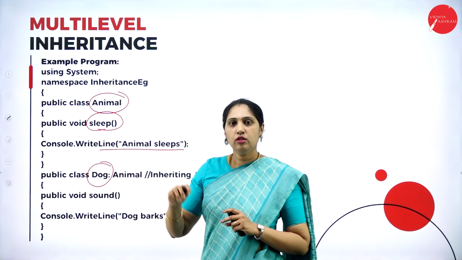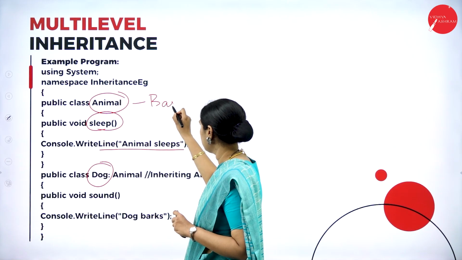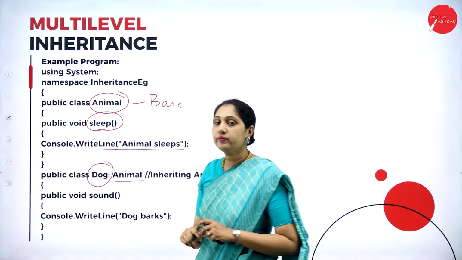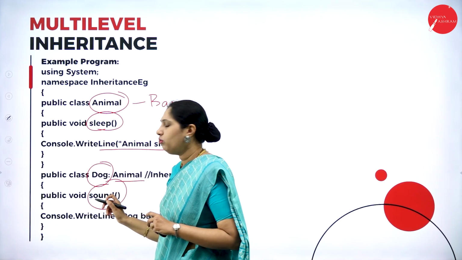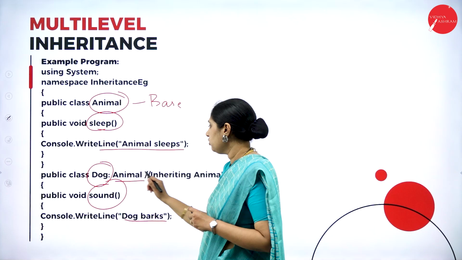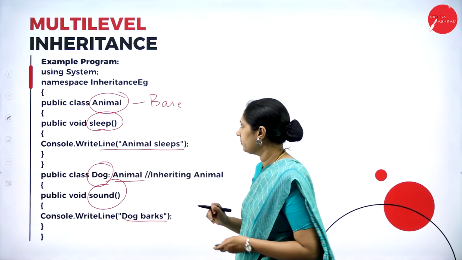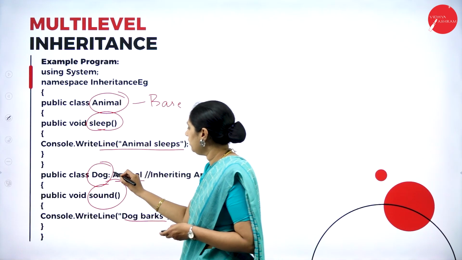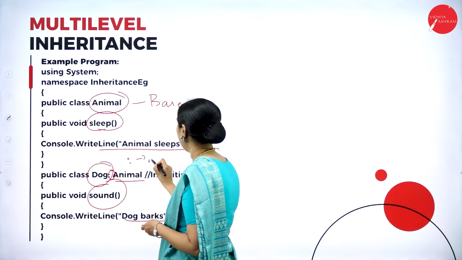Dog is inherited from animal, that is the base class. So you have another function, say sound. What sound will a dog make? It barks. So this is the derived class and animal is the base class. You have to understand that you should write this colon. This colon indicates it is inherited.